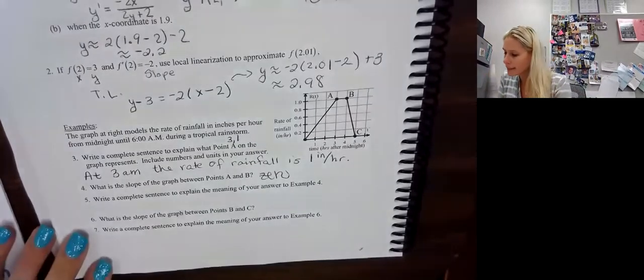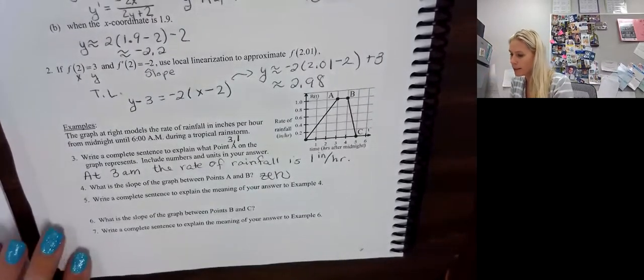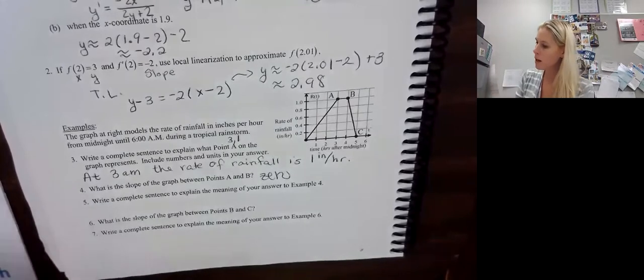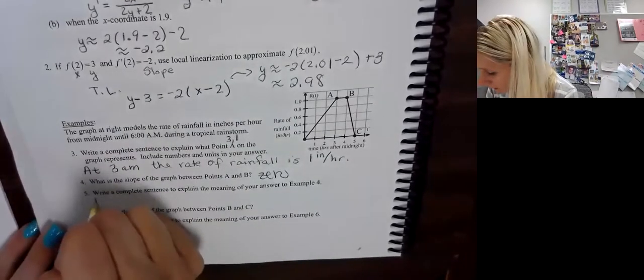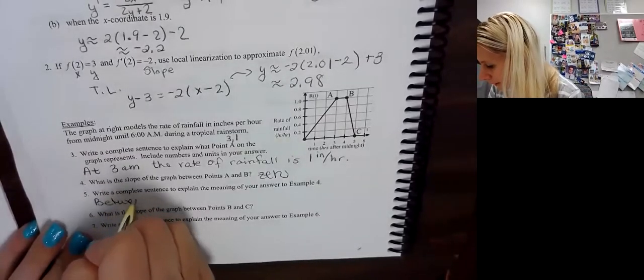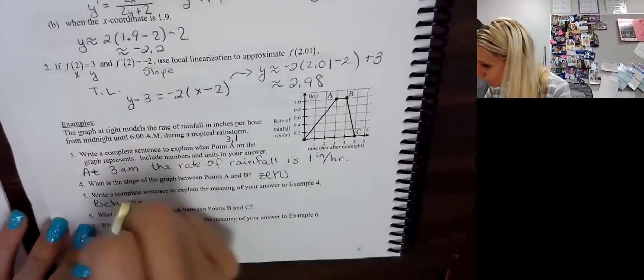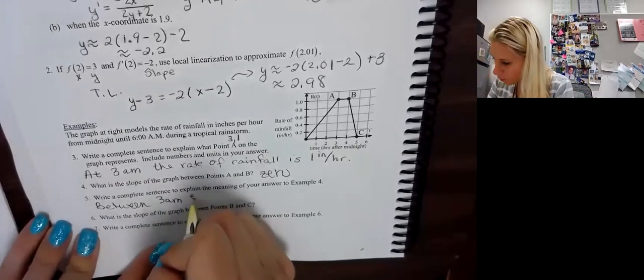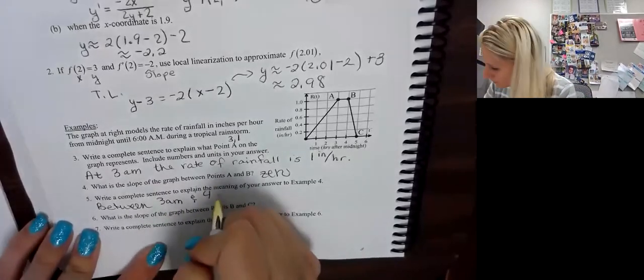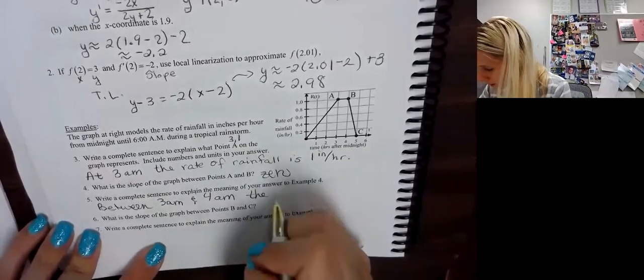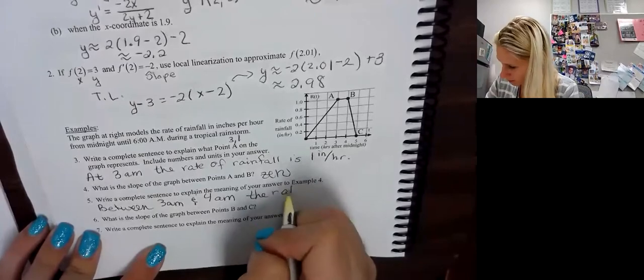Write a complete sentence to explain the meaning of your answer to example 4. Okay, well, what does that mean? Well, because we always want to look at our units and what we're describing, between 3 a.m. and 4 a.m., the rate of rainfall, right?